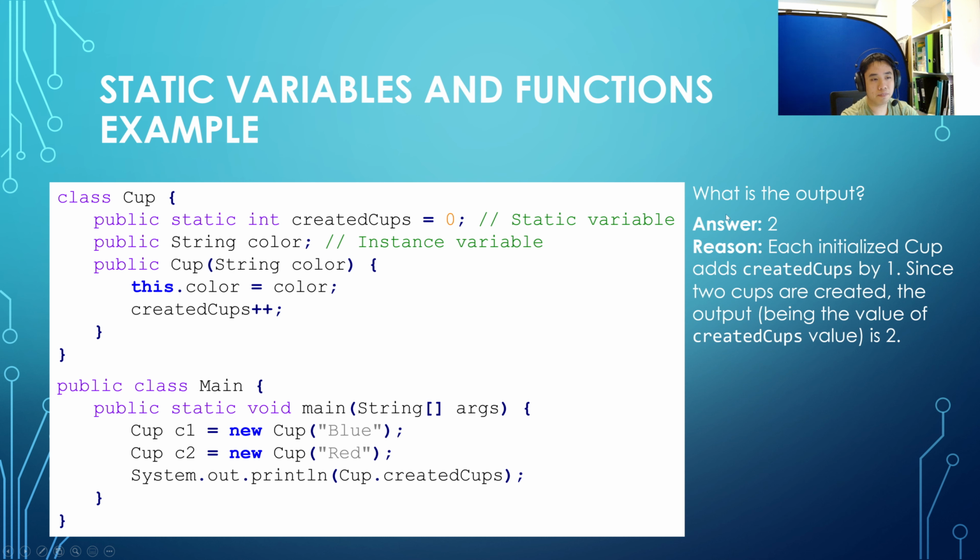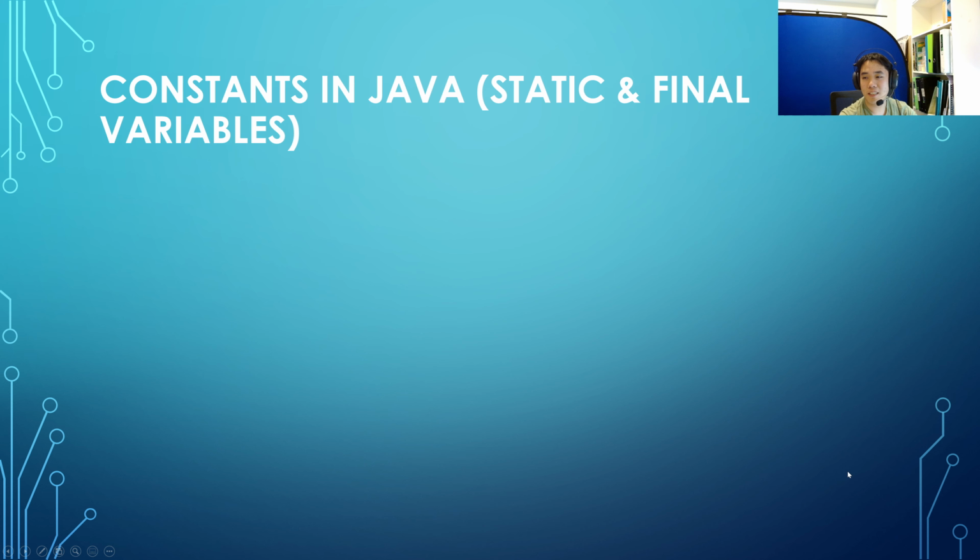Yep, that's 2. Each initialized cup adds 1 to created cups, and we have 2 cups, so we should have 2 in the created cups static variable. Any questions so far?